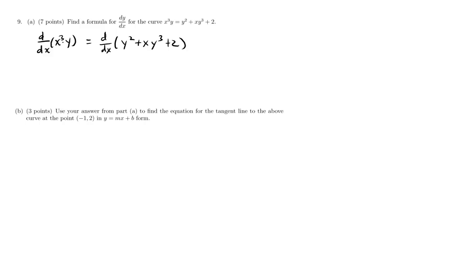So let's apply the product rule, which says differentiate one of them while holding off differentiating the other part of the product, plus differentiate the other part that you didn't differentiate and hold off differentiating the one you already differentiated.